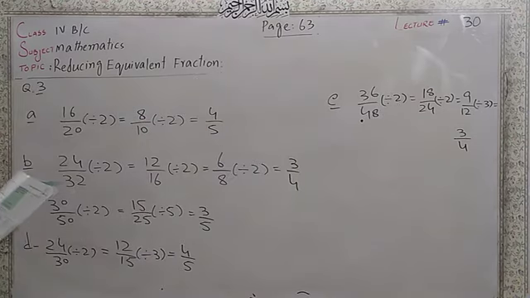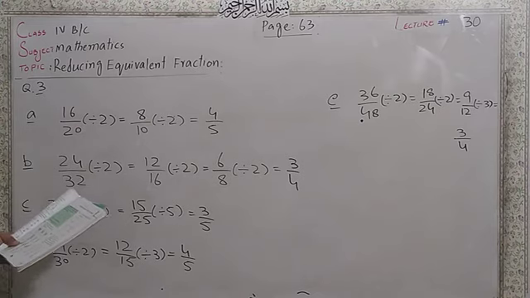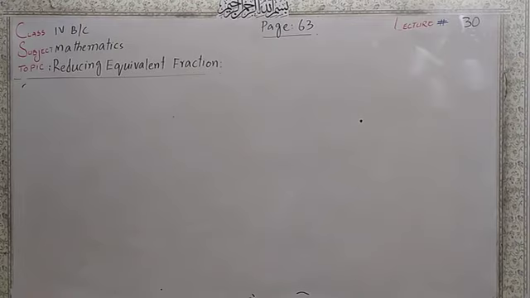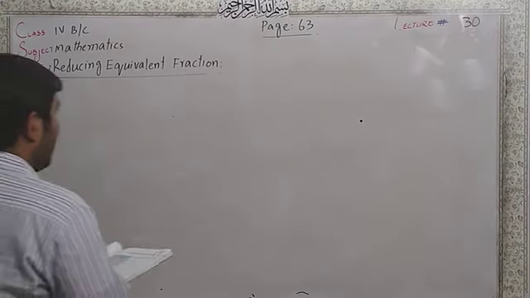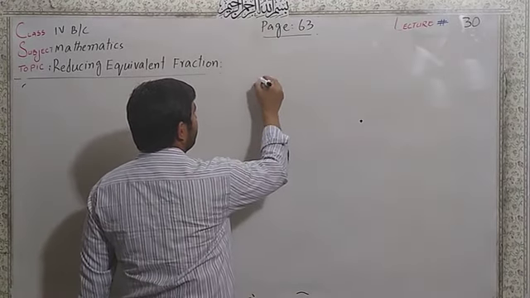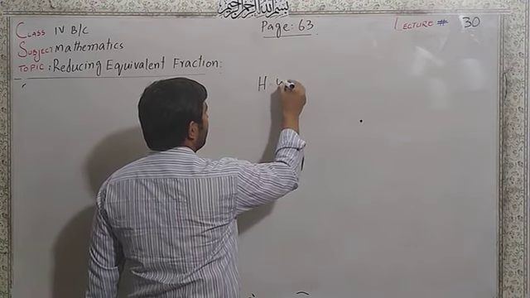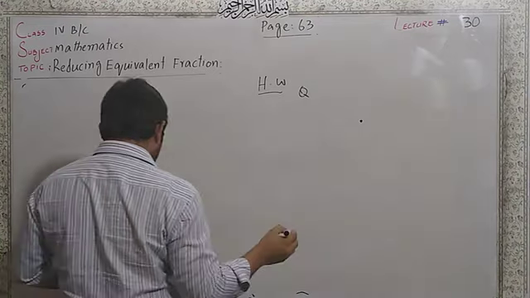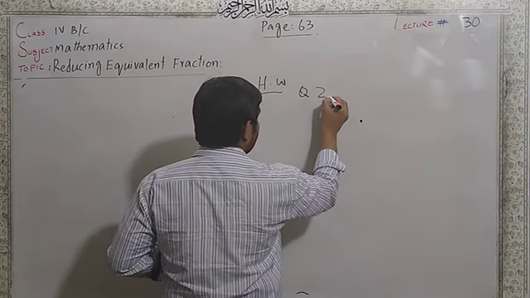Okay, dear students, I did 5 parts, and you have 4 parts homework: F, G, H, and I. Your homework is page number 63, question number 2.